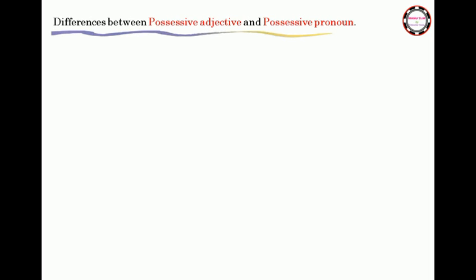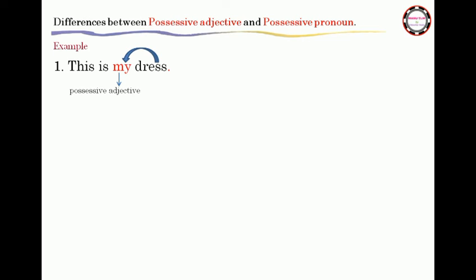Observe carefully the difference between possessive adjective and possessive pronoun. Examples. This is my dress. Dress is a noun. Whose dress? My.